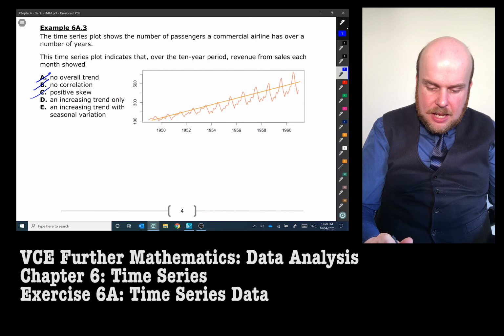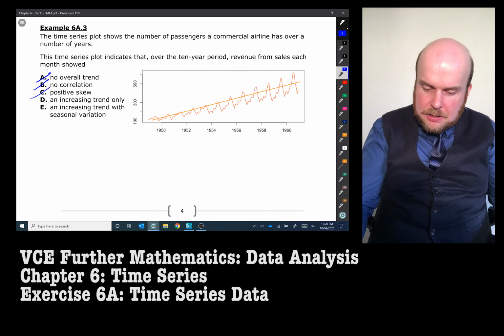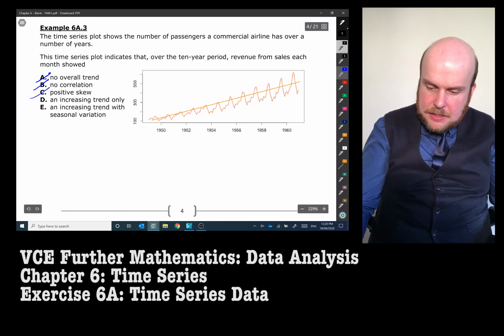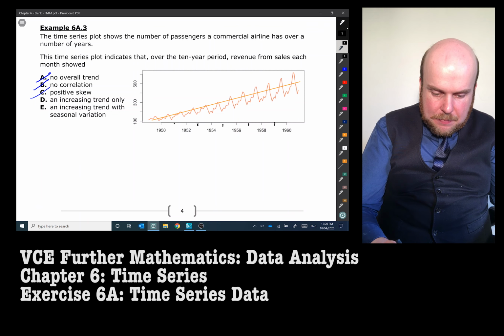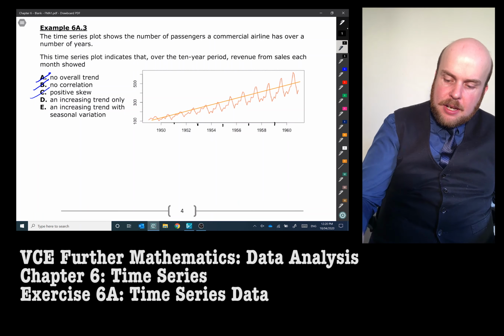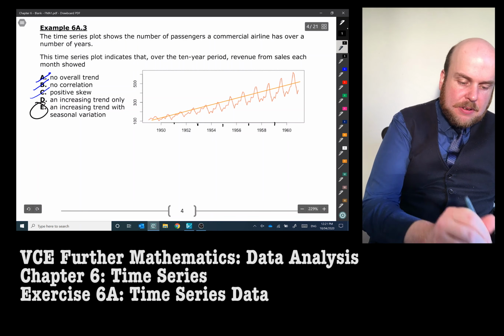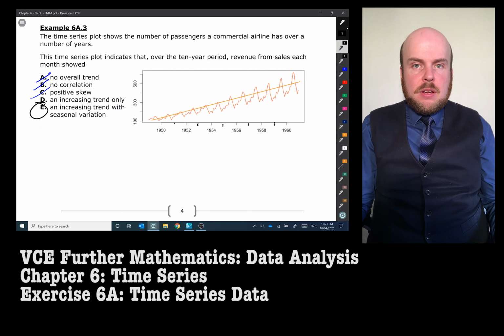So this is in 2-year blocks. So let's go and see here. So about halfway. Remember, it has to go up and down within a year-ish, within 12 months. If we have a look at this going up, down, up, down, up, down, well, it's certainly within those year frames, it's certainly going up and down. I'm actually going to say that it's an increasing trend with seasonal variation.